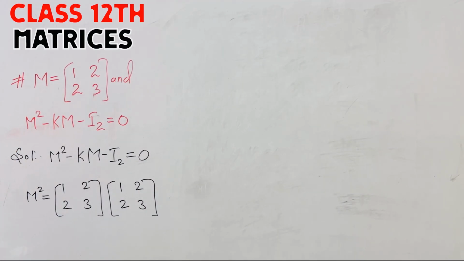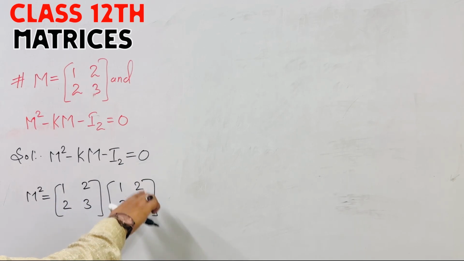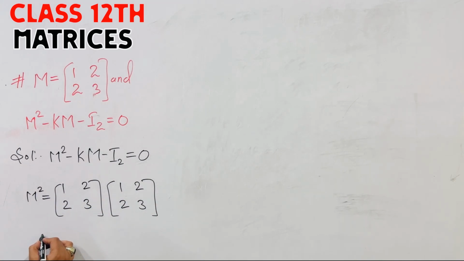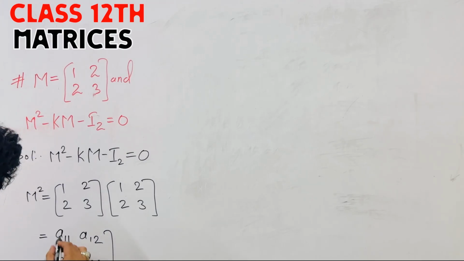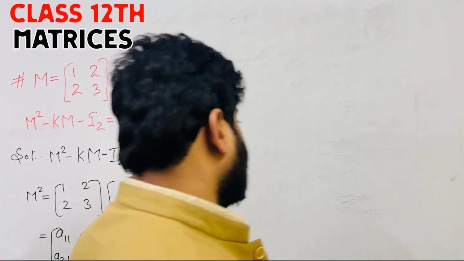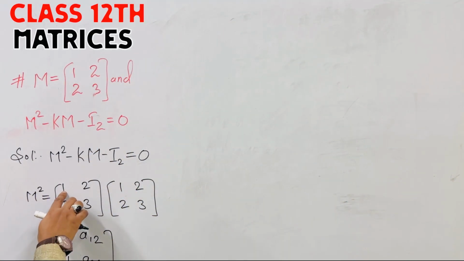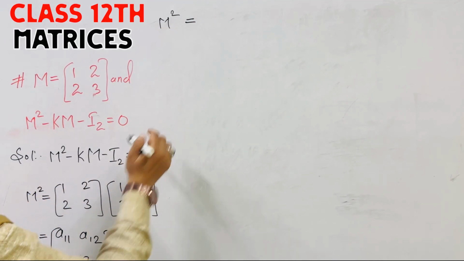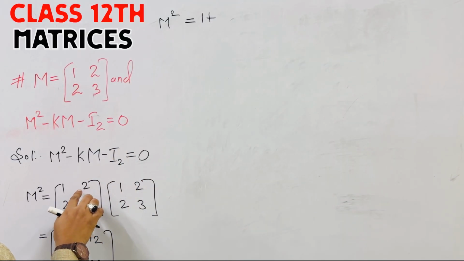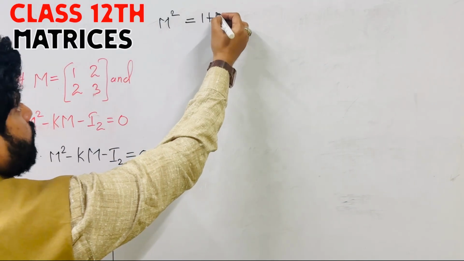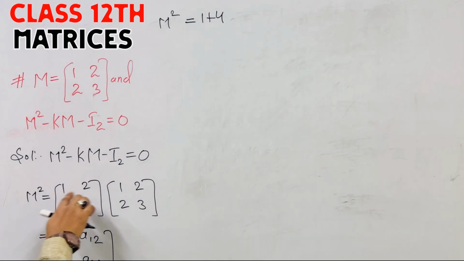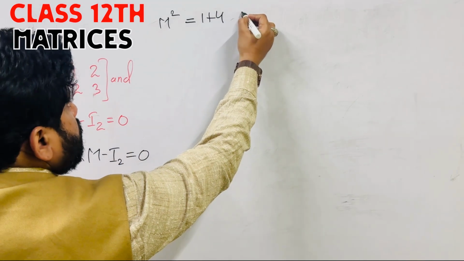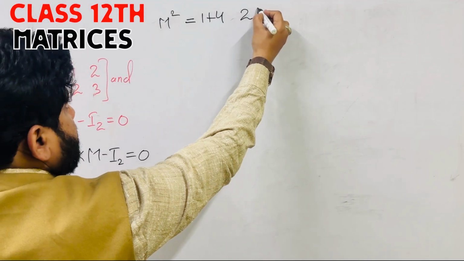Firstly, we multiply these rows into these columns, and the formula is first row first column, first row second column, second row first column, second row second column. Now first row and first column: 1 into 1 is 1, plus 2 into 2 is 4. Now first row second column: 2 ones are 2, plus 3 twos are 6.